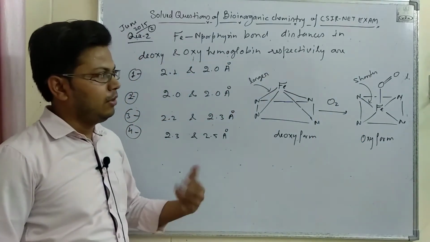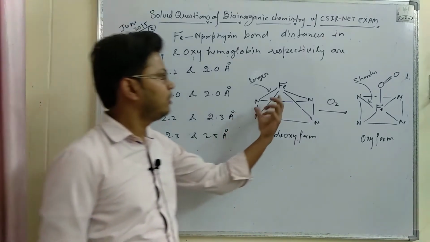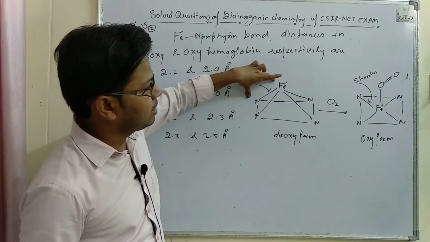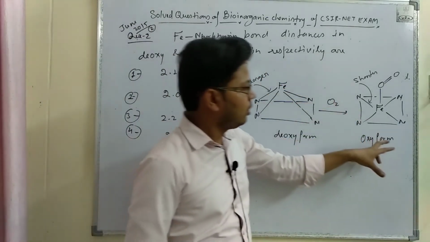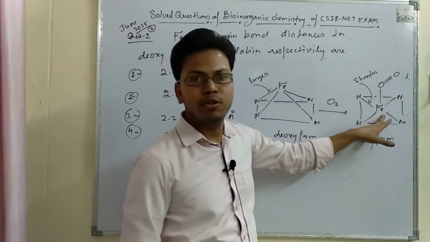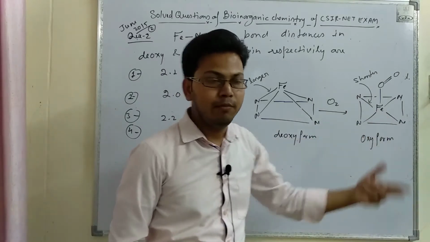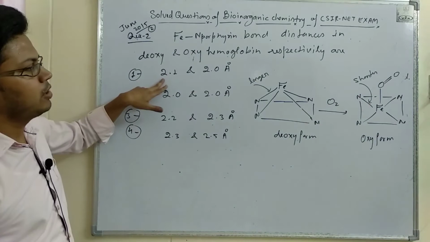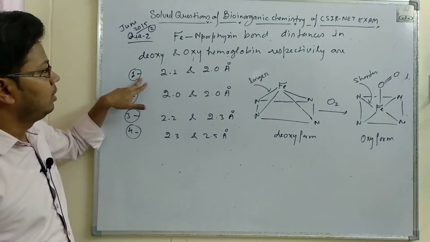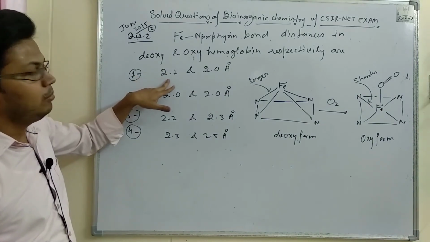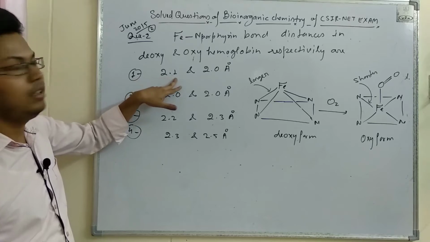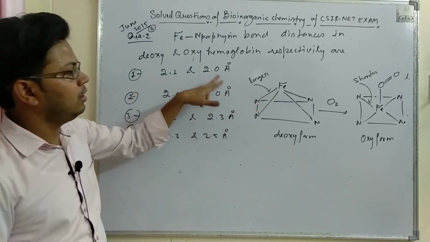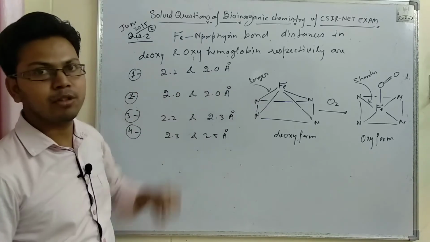One clue we have obtained is that in the deoxy form, the nitrogen and iron bond will be larger, whereas in the oxy form, the nitrogen and iron bond should be shorter. Therefore, what option will match? In the first option, the deoxy form has the 2.1 angstrom distance, whereas the oxy form has the 2.0 angstrom.